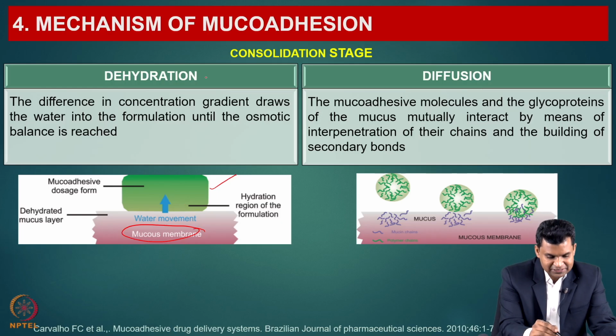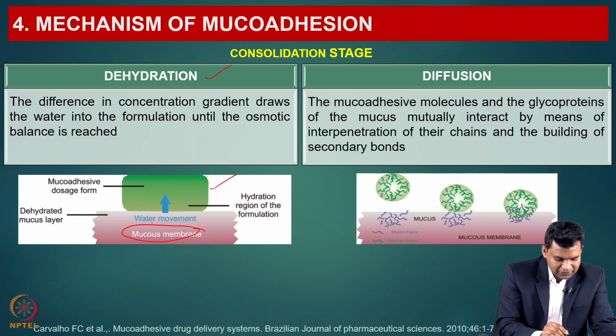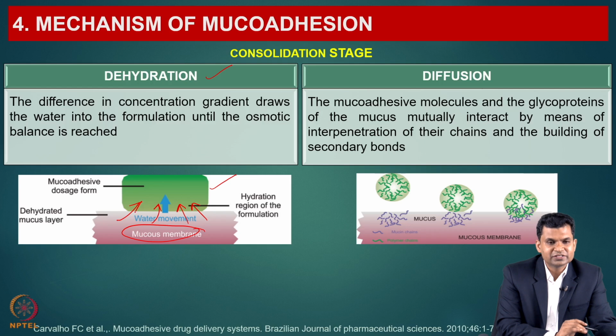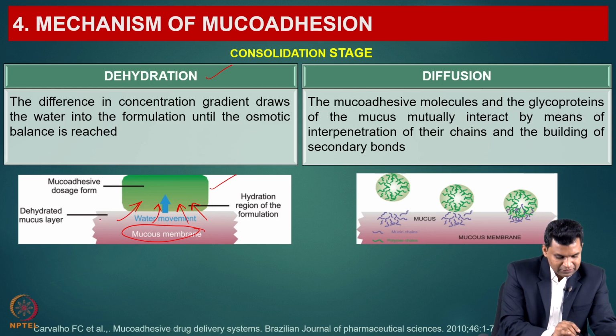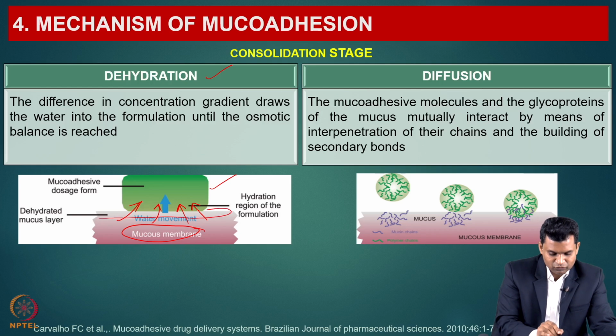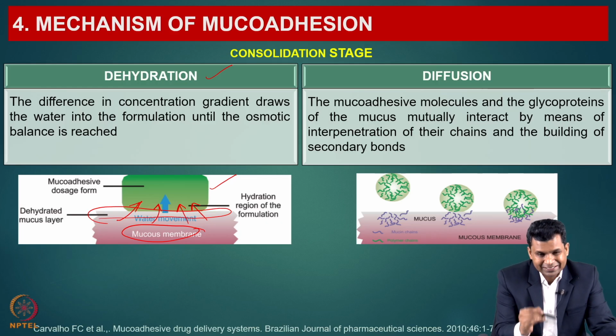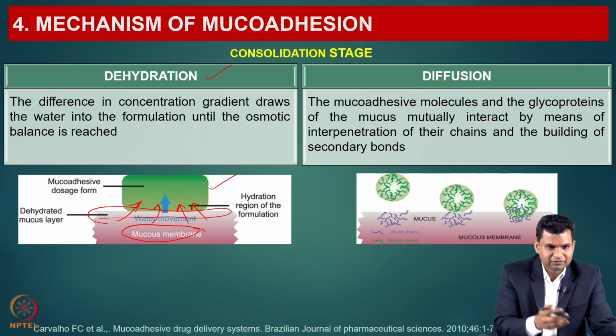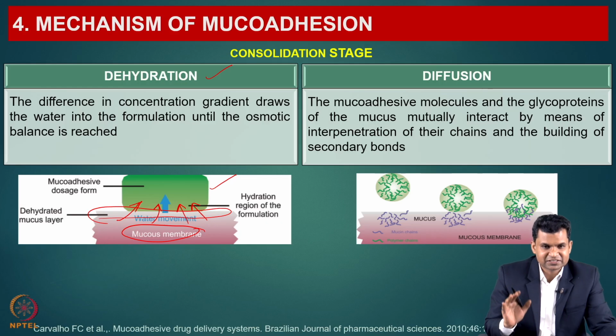Dehydration is happening, nothing but the water is moving from the mucous membrane to the mucoadhesive formulation. So, a dehydration layer is forming because of the water uptake into the mucus system. If your polymer is wettable or strong in water uptake, it will rapidly take up the water and undergo the dehydration stage, that is the first one.